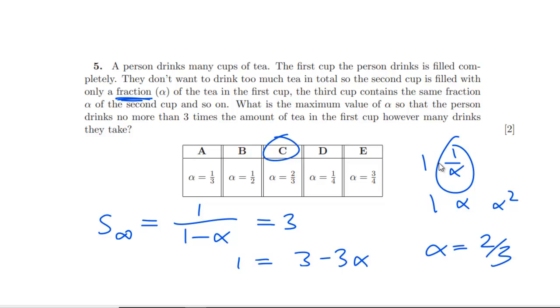Yeah, the key is understanding what it means by fraction alpha. I was nearly doing a 1/alpha, but the alpha is the fraction. So yeah, he's getting it the right way around. I suppose that would show up if we had worked it out. If we had put it in as being 1/alpha, we would have had 1/(1 minus 1/alpha) is equal to 3. And then you'd get 1 is equal to 3 minus 3/alpha.